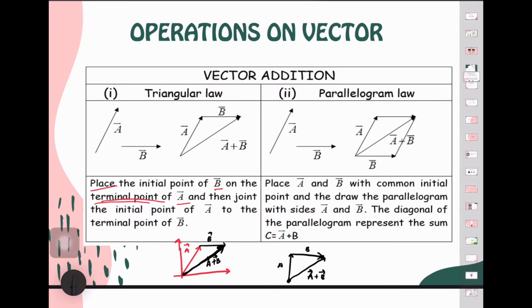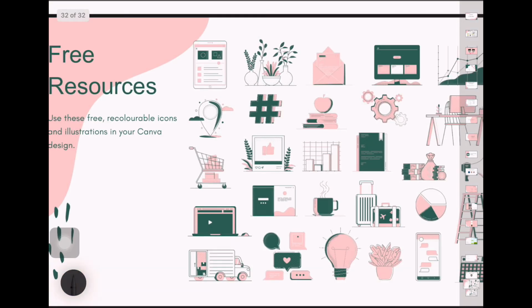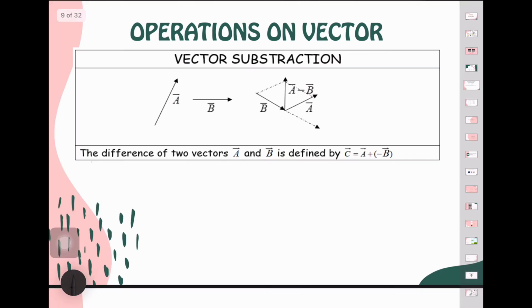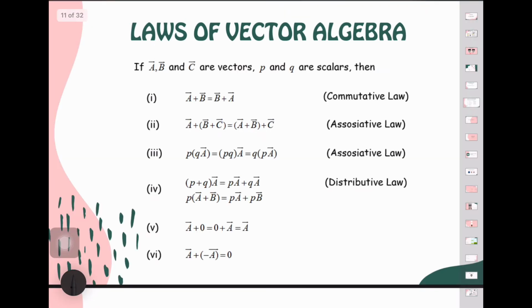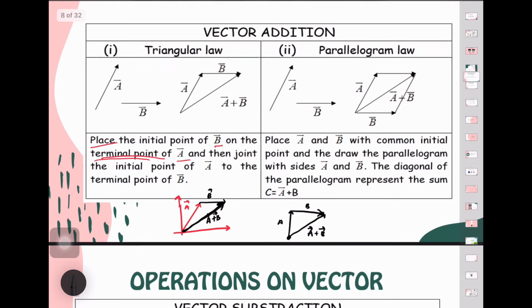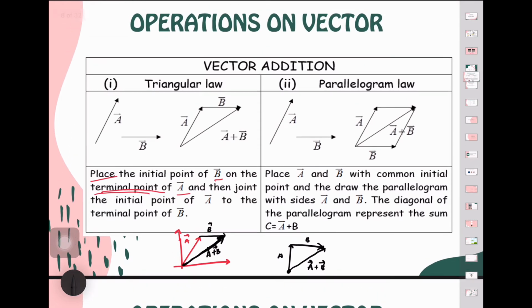Otherwise, if we have it like this, with vector A here but vector B is here, how can we find vector A plus B?